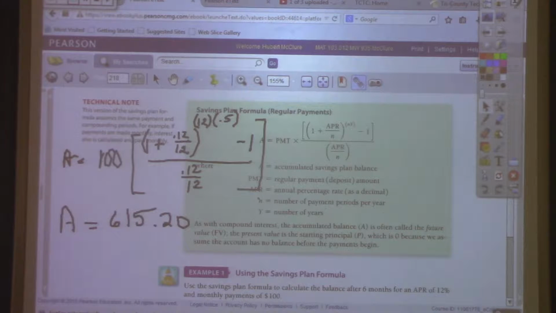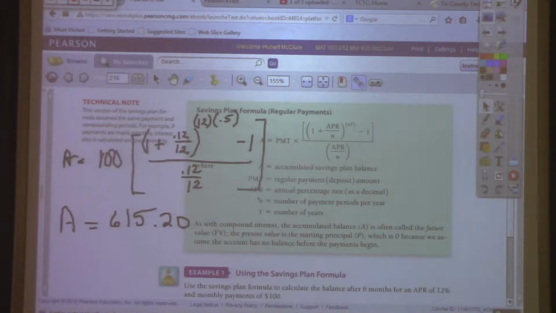And he figures, okay, how old is your kid? Your kid is 5 years old. So you've got how many years to get ready for college? 13. So he puts 13 in for T. He's going by the rate that is at the time, which is 3%, 4%, whatever. Puts in that. And then he solves for PMT, which is the payment that he has to put in.